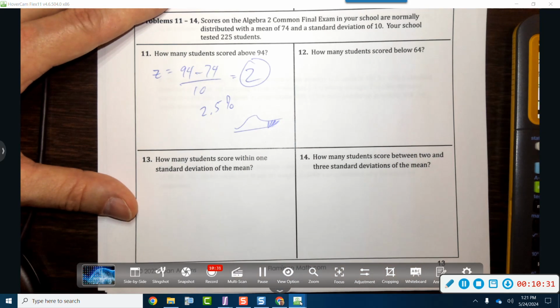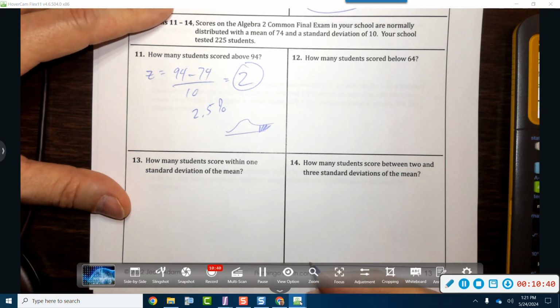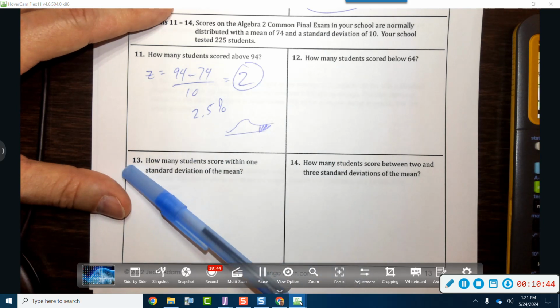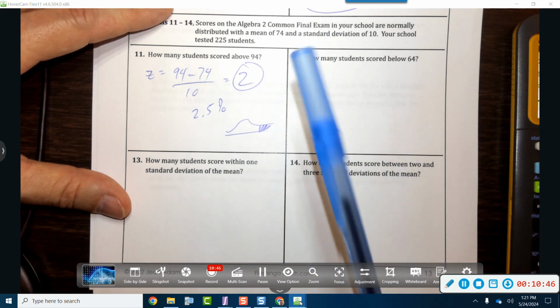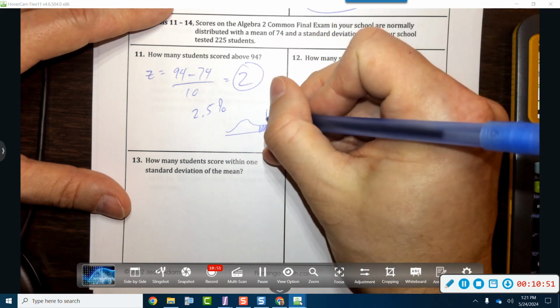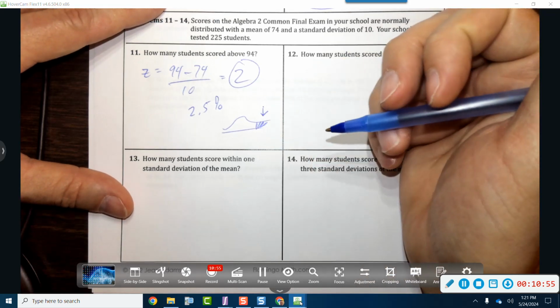Well, it looks like we have 5.6. Is it 5 or is it 6? That's a good question. If it's 5.6 that fills in this gap here, what I would do is just round.